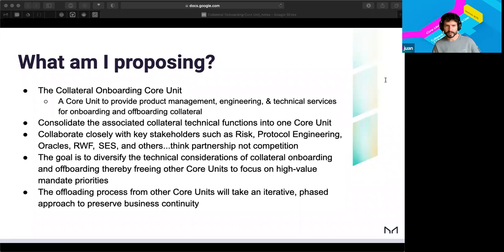And on the other hand, it's collaborate with these teams or core units that are already onboarding collateral types, and they are, quite frankly, a little bit overwhelmed by the amount of work that they have, right? So how would you approach this collaboration while at the same time not adding more to the problem instead of the solution?